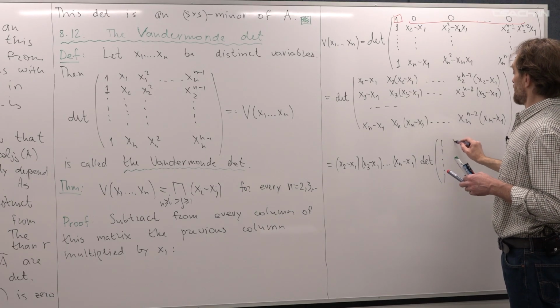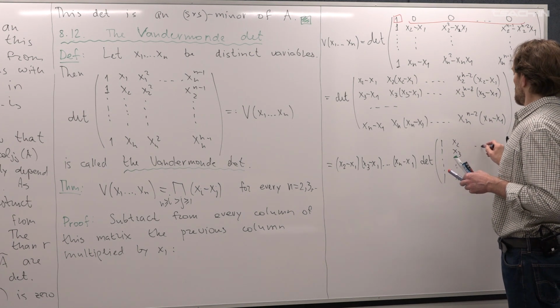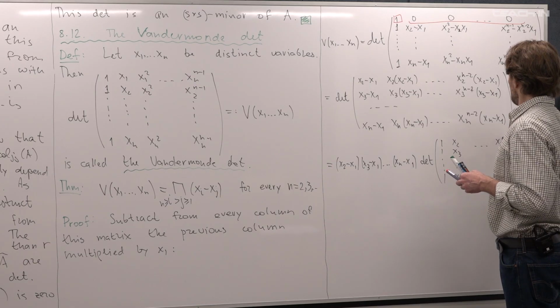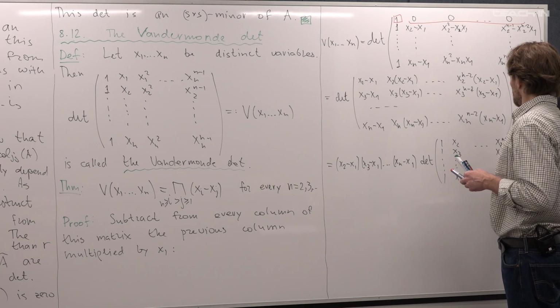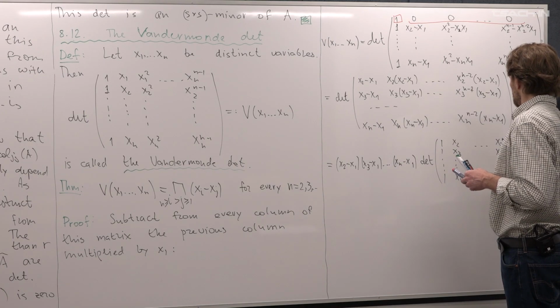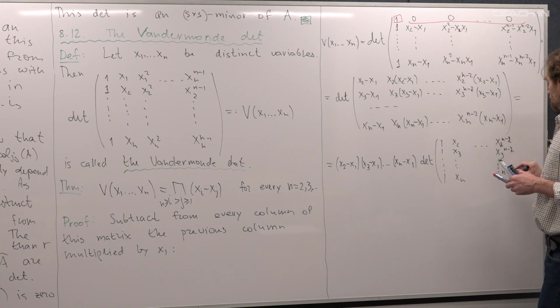Then we have here x2, x3, and so on, xn, and x2 to the n minus 2, x3 to the n minus 2, etc., xn to the n minus 2.